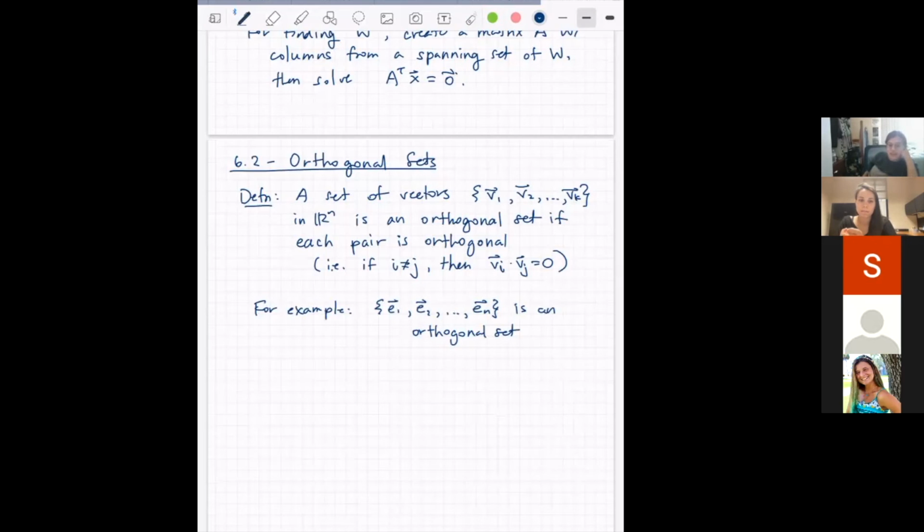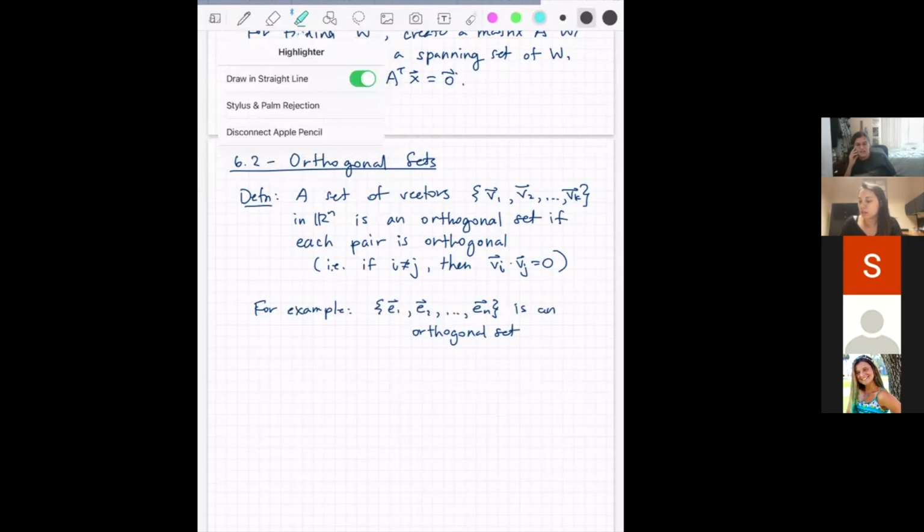Do you have to check if each individual pair is orthogonal? Yes, according to this definition. It's saying that if you take any pair, then it would be orthogonal, if it is an orthogonal set.